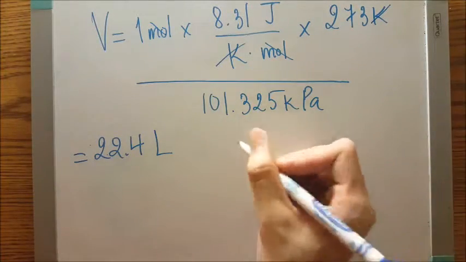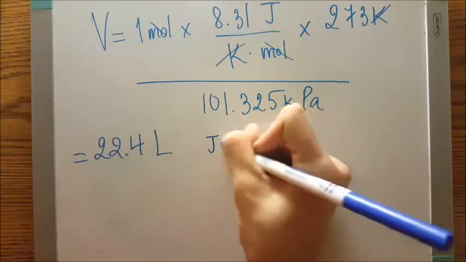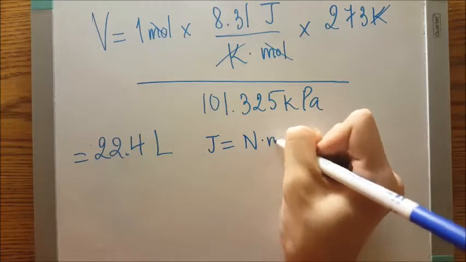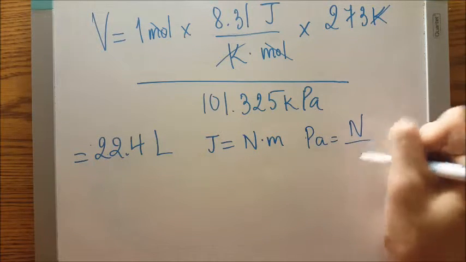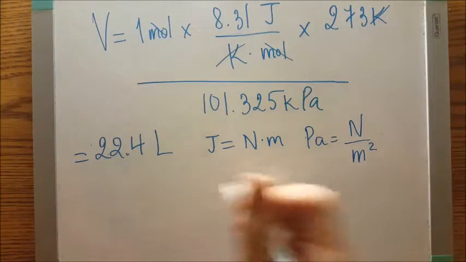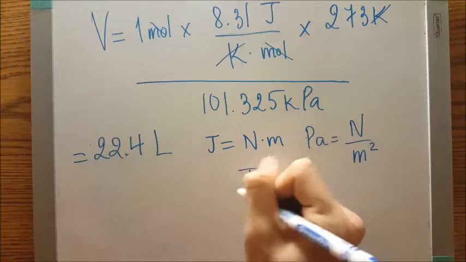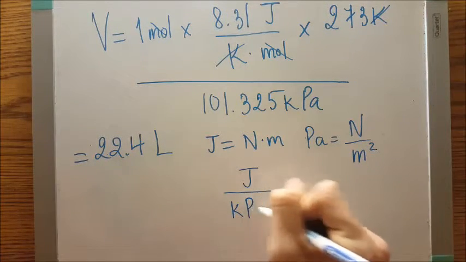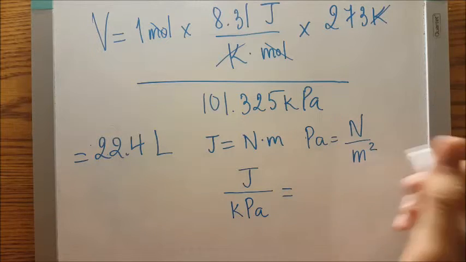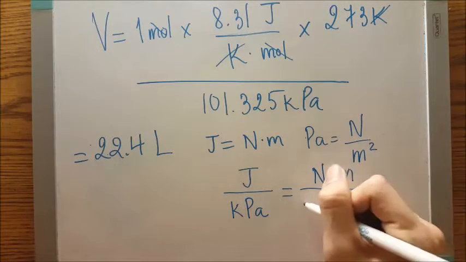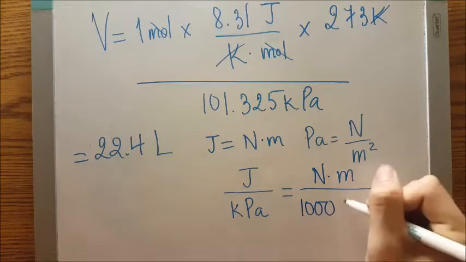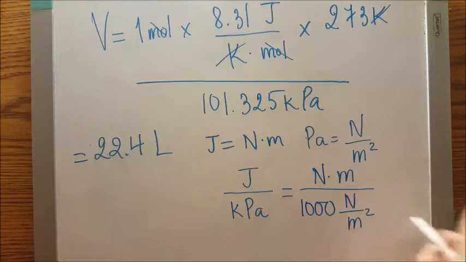Joules is actually equal to newtons times meter, and pascal is actually equal to newtons divided by meter squared. So we will have joules over kilopascals left, and joules is N times M divided by kilopascal, which is 1000 N divided by meter squared.